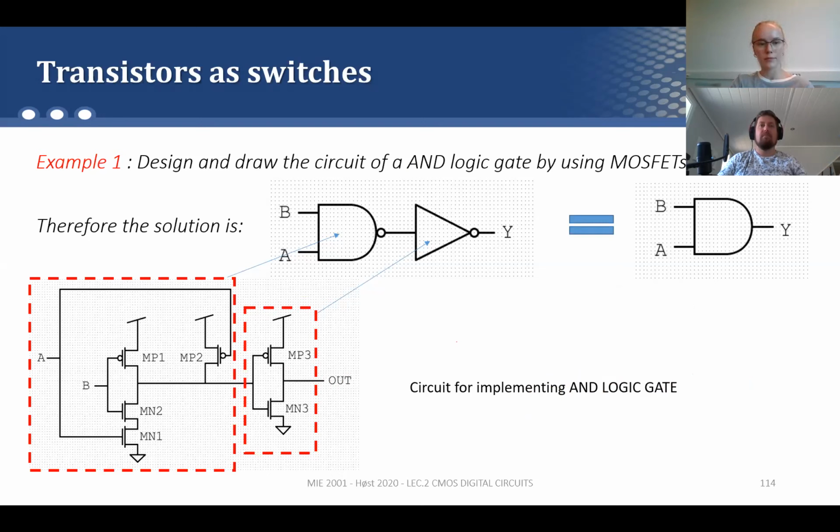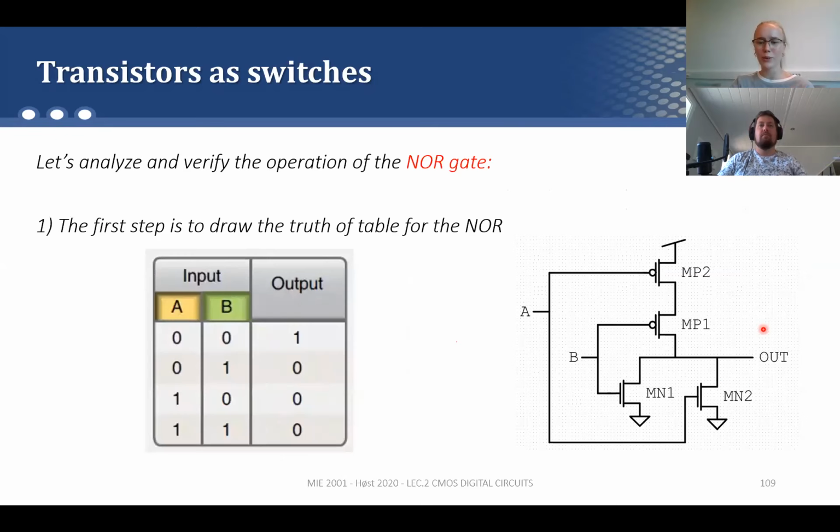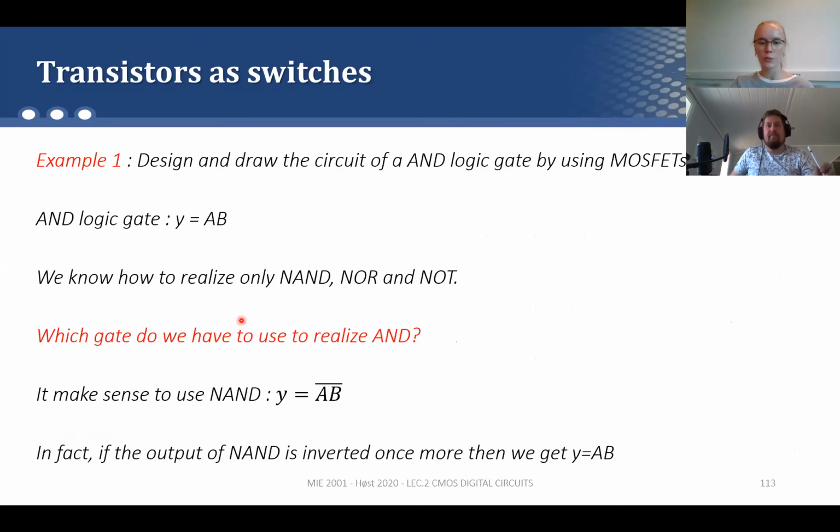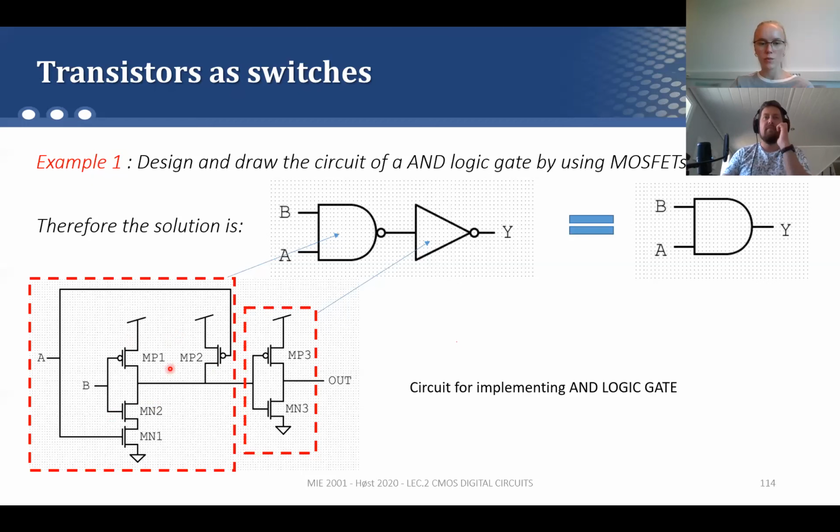So this NAND here, you have to replace with this circuit, which I showed before, one of these three that I showed you to remember, this one here in this case. We put it here, so we replace this NAND. And then we do the same for the NOT, replacing the NOT with the MOSFET implementation. So this one is the MOSFET implementation of an AND logic gate.